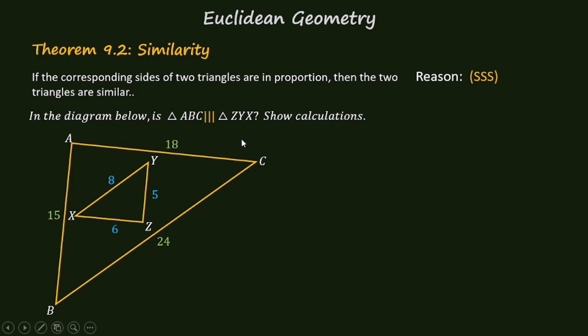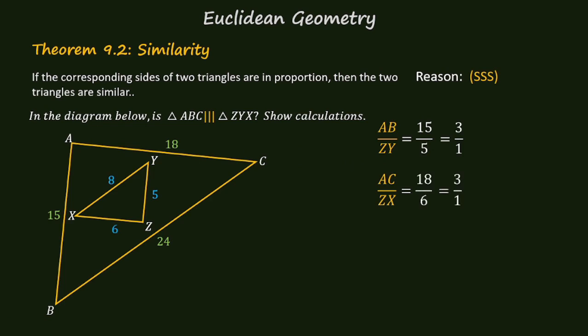Let's start with the first one and see. When we express the ratio of the side AB in triangle ABC over ZY in the triangle ZYX, we get 15 over 5, which simplifies to 3 over 1. If now we take AC over ZX, that gives us 18 over 6, which simplifies to 3 over 1.